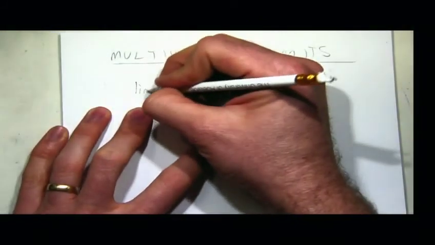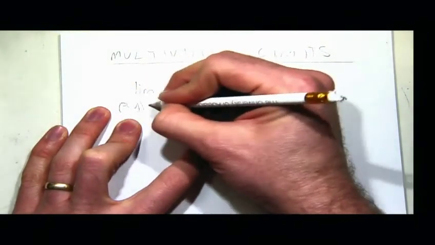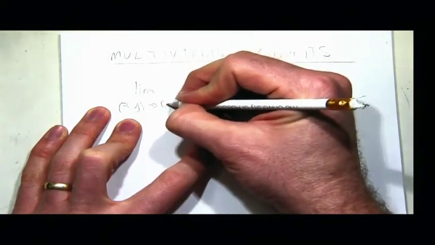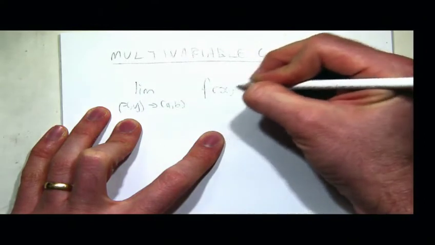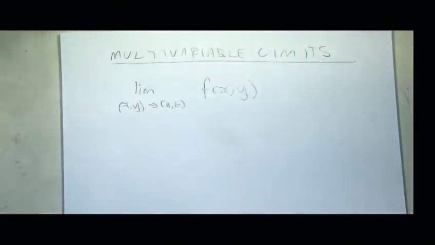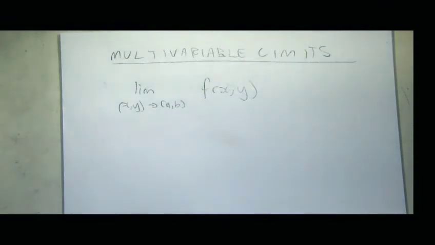Okay, so the limit as (x, y) goes to some point (a, b) of f(x, y). That's what we're looking at, that sort of thing. Good thing that my friend over there gave me his calculus notes, his algebra notes too.